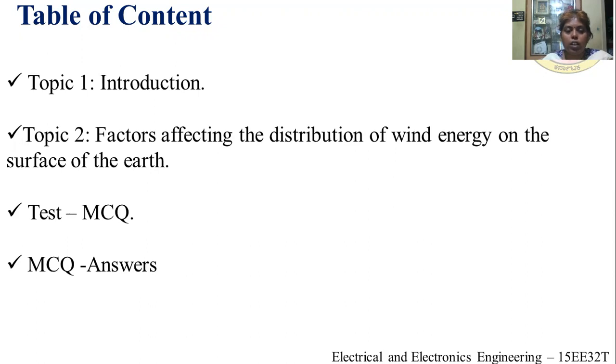So previously we have discussed what is wind energy and why wind energy is important, and types of wind available in the atmosphere, that is global wind and local wind. In this session we are going to discuss the factors affecting the distribution of the wind energy on the surface of the earth.